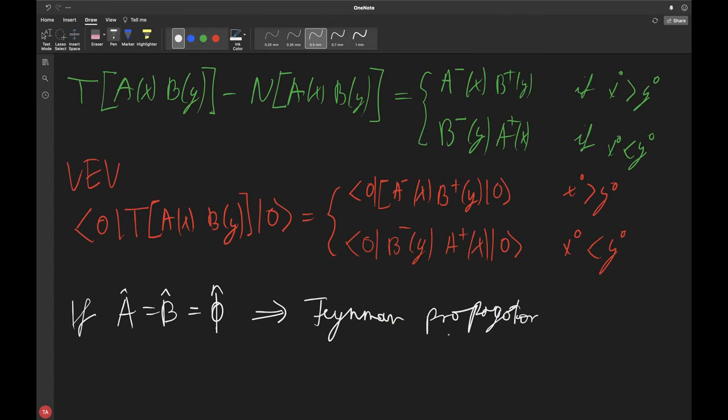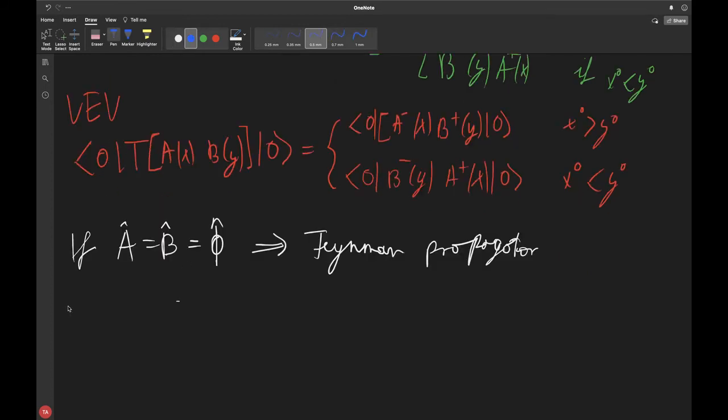And that really just means that a particle is moving in space-time. All this seems useful, so let's just give it a name and a notion. This is called the contraction.